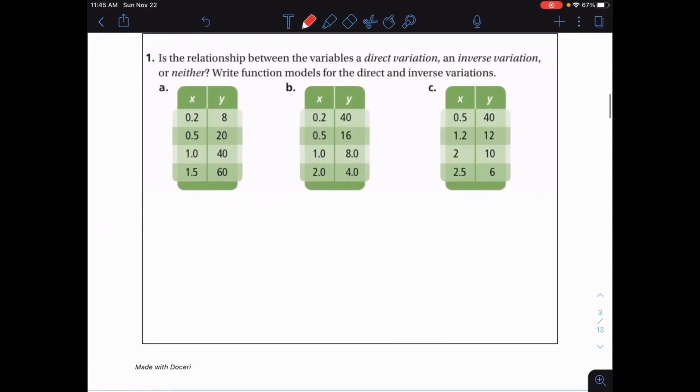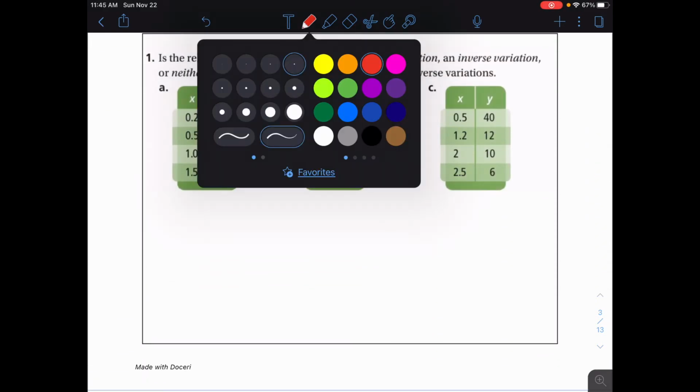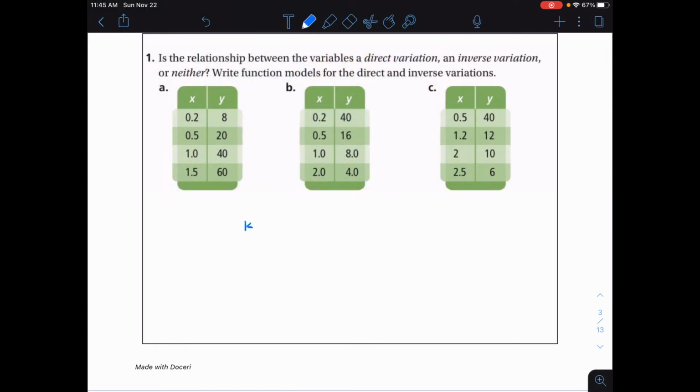All right, so for these examples, I'm not going to look for both direct and inverse. I just want to test for inverse. So remember, for inverse, k is going to be equal to x times y. For a, this would be 1.6. This would be 10. This would be 40. And so this is not inverse. We could have moved on earlier.